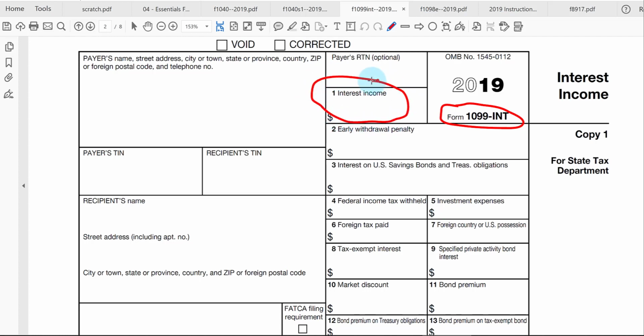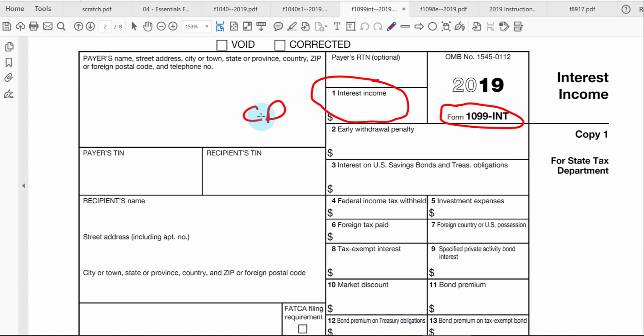So that could be a savings account, maybe even a checking account. Of course, the interest rates are so low, you're not going to get too much for this in coming years. But if you were investing in something called a certificate of deposit, that means you have to leave your money with the bank or financial institution for a set period of time.